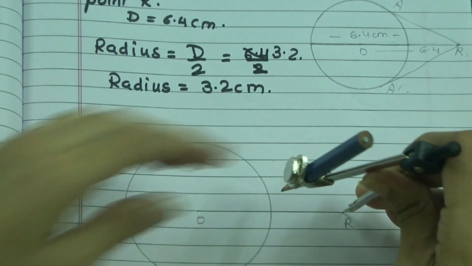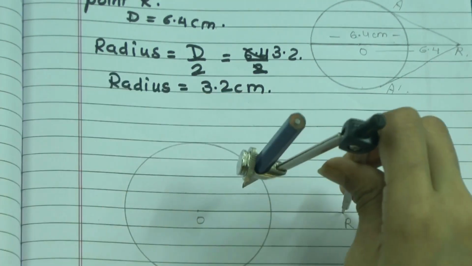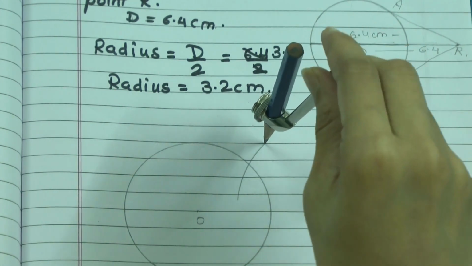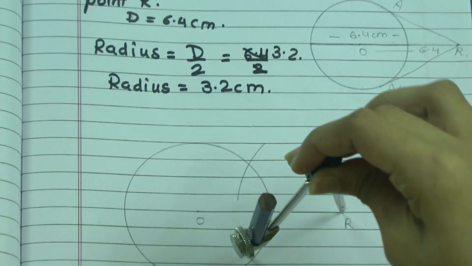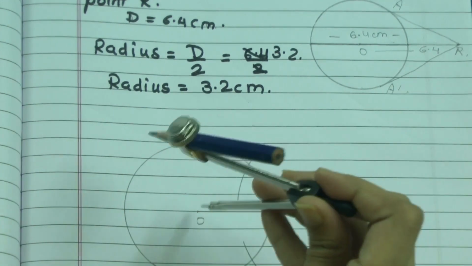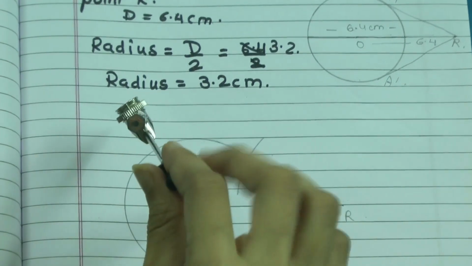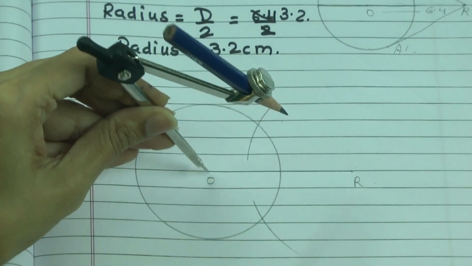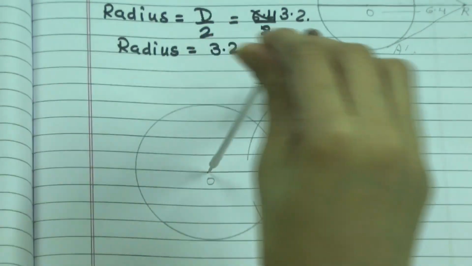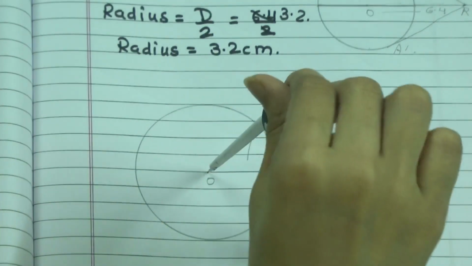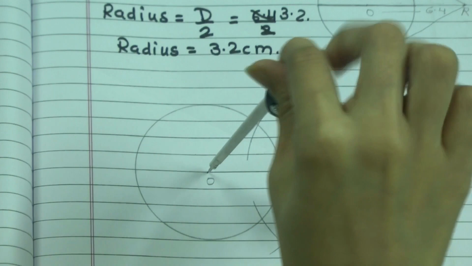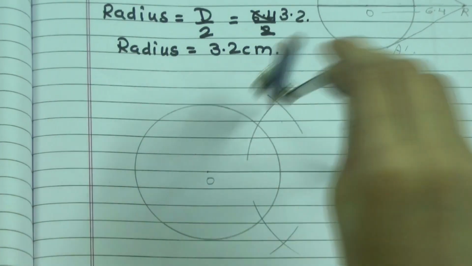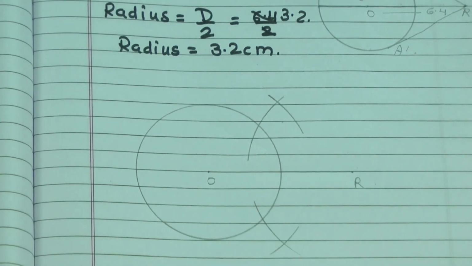Now keep the pointer of your compass at one of the points. You know this, we have to draw the perpendicular bisector of OR. Now give an arc above the line, give an arc below the line, and keep the pointer at O. Give an arc above OR. Give an arc below OR. Keep back again at R because that point is not intersecting. Now, there are 2 points.